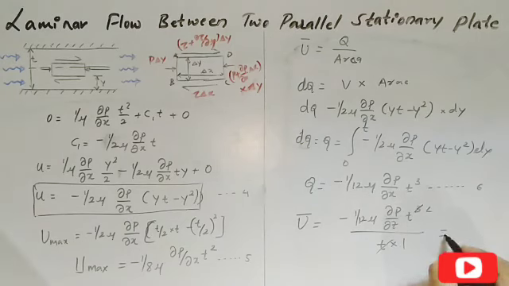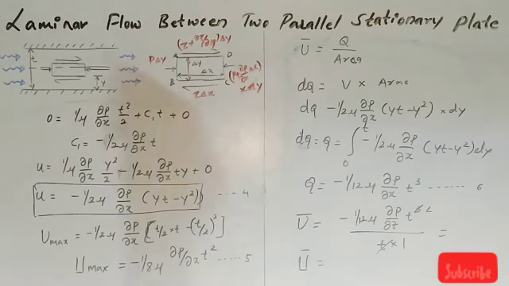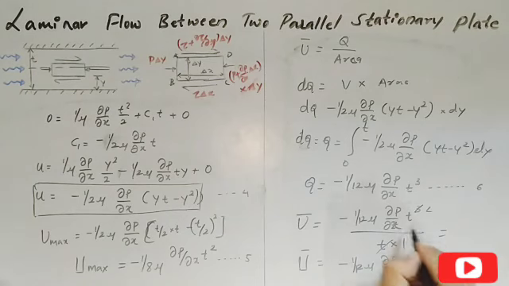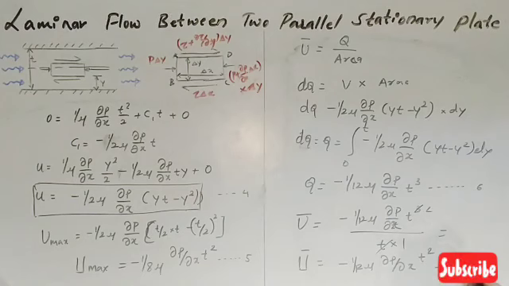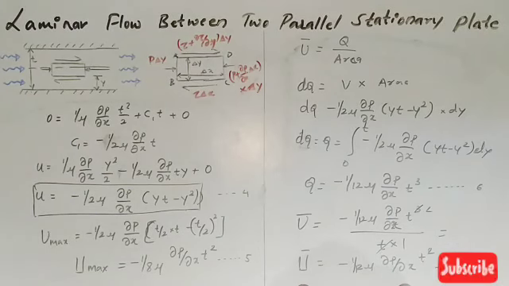The average velocity will be equals to minus 1 by 12 mu dou p by dou x into t square. Now this is equation 7. So this is our average velocity taking place between the plates.